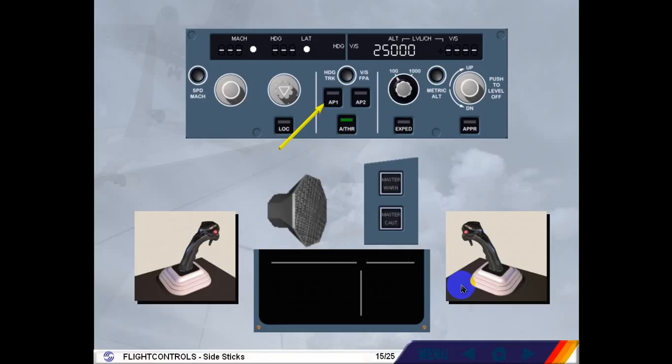Notice on the FCU that the autopilot has disconnected. The associated audio and visual warnings can be cancelled by pressing the autopilot disconnect push button a second time, or will stop automatically after a few seconds.